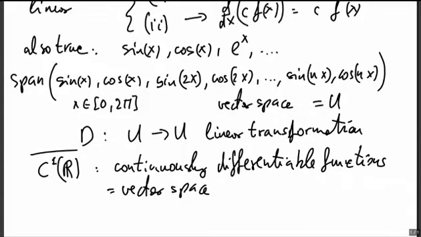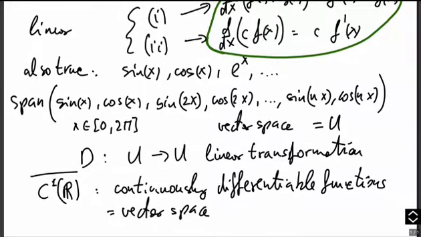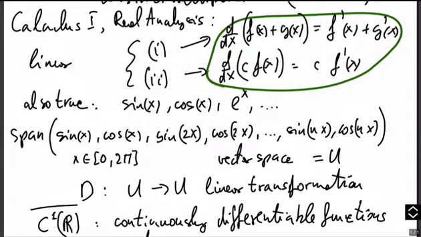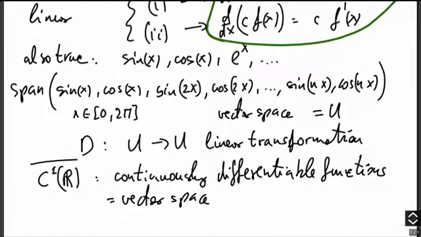Because if you add together two functions, the new function is continuously differentiable, and when you scalar multiply a function, it's also continuously differentiable. How do we know that? That's because differentiation is, in general, a linear operation. So the sum is also differentiable, and more precisely, the derivative equals the sum of the derivatives.